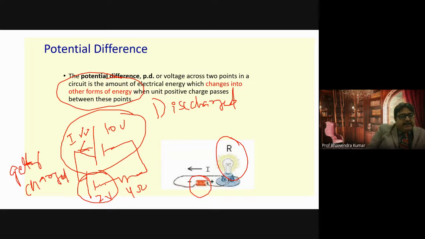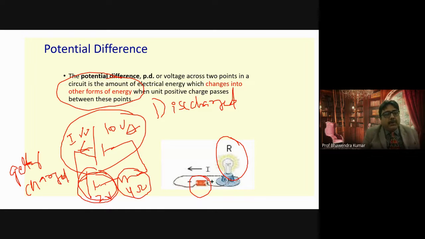Do you understand it? So in the 10 volt cell, the energy is converted from chemical energy to electrical energy. But in the 2 volt cell, that electrical energy is getting converted to chemical energy. In the 4 ohm resistor, the electrical energy is getting converted to heat energy.